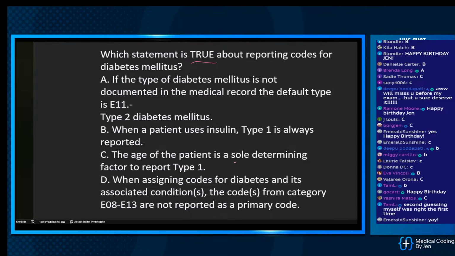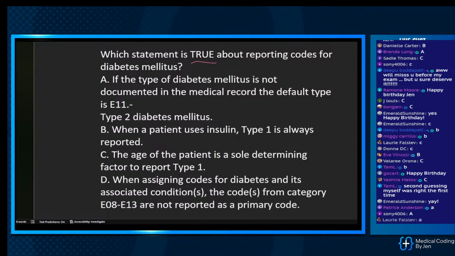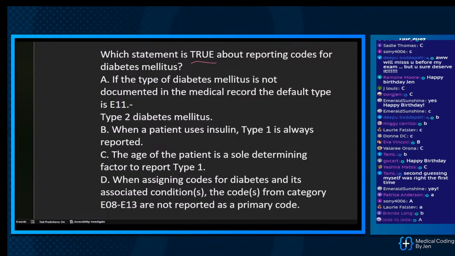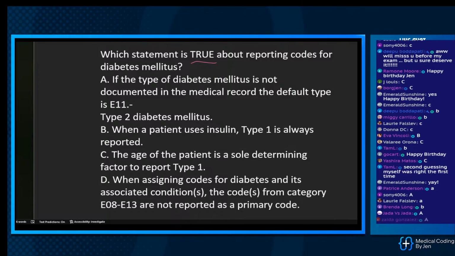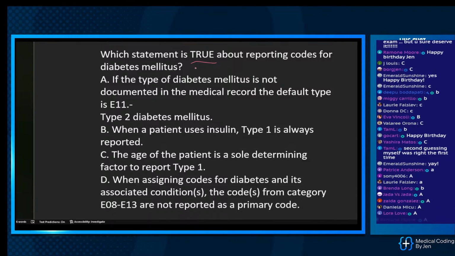The age of a patient is the sole determining factor for reporting type 1. Or, when assigning codes for diabetes and its associated conditions, the code and the category are not reported as primary codes. Which one's true?